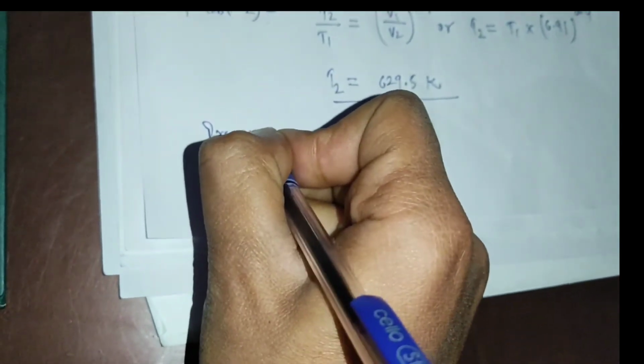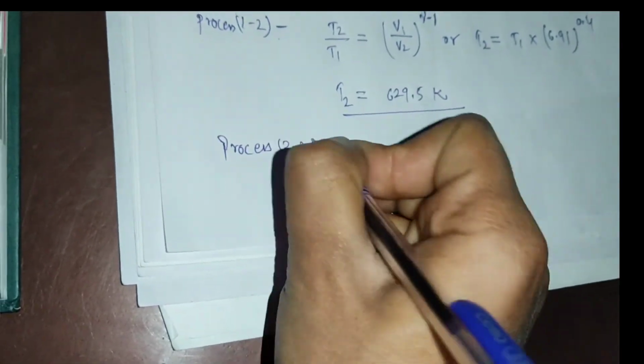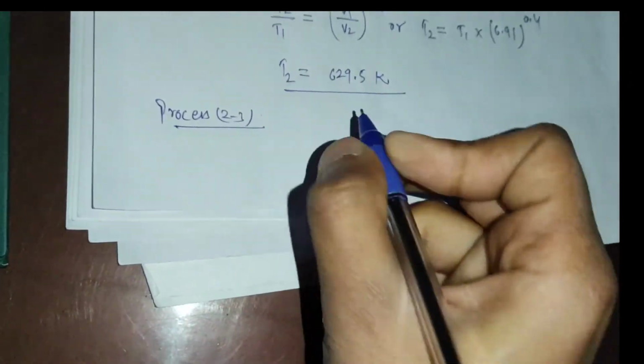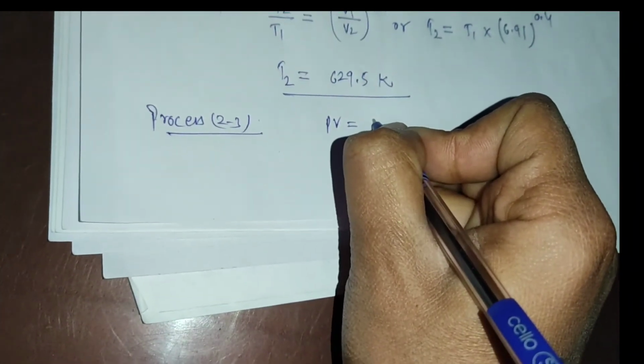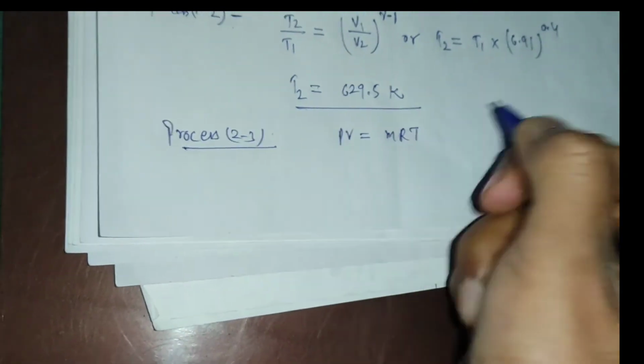So now calculating T3. Process 2 to 3 is a constant volume process. So PV is equal to mRT.